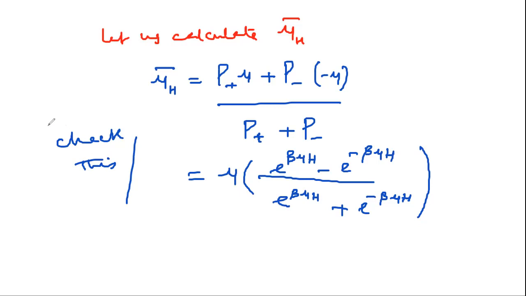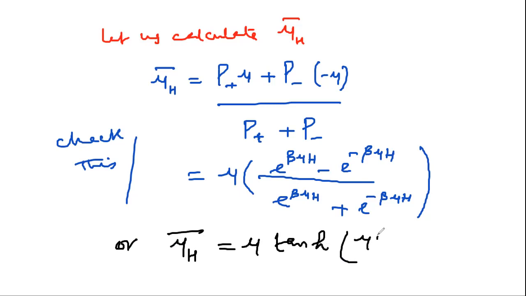I can use the definition of the hyperbolic tan. So mu h bar is equal to mu tan hyperbolic of mu h by kT. Let me name it equation third.